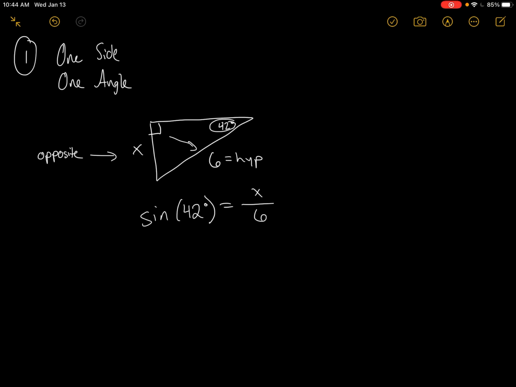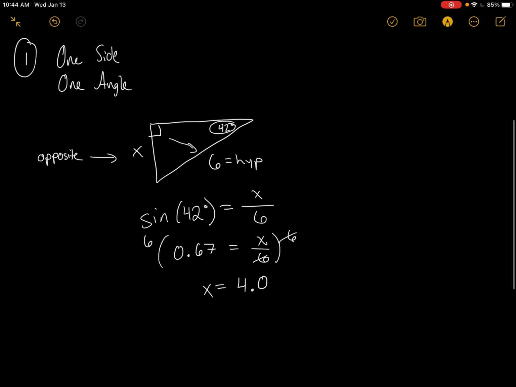That's going to give you a value of about 0.67, and that equals x over 6. Now we solve for x. We multiply both sides by 6, and that leaves us with a final answer of x equals 4.0, actually.